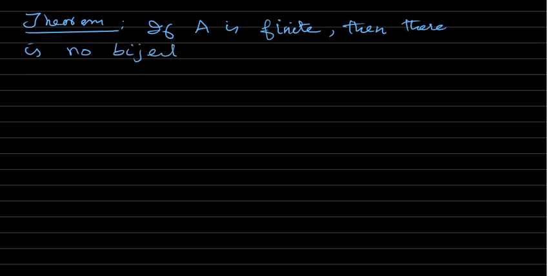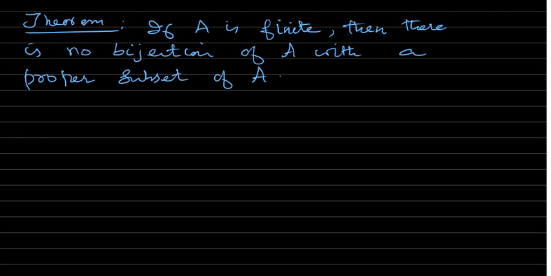If A is finite, then there is no bijection of A with a proper subset of A. ये अगर finite होगा, then there is no bijection of A with its proper subset.